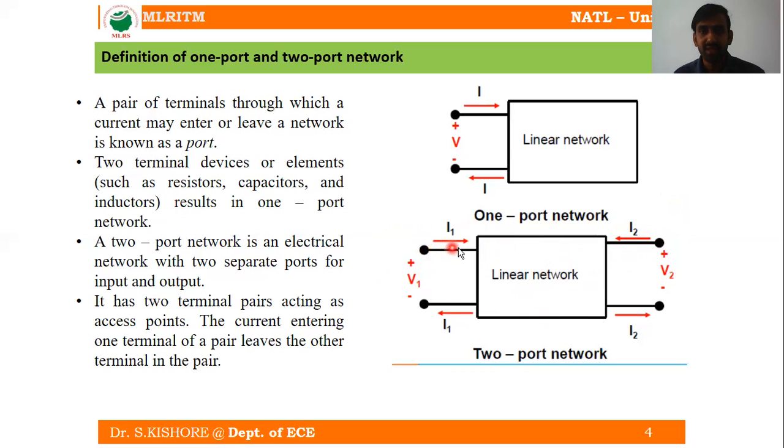Here I1 is entering through the top terminal of the left side port, and it leaves through the bottom terminal of the left side port. Whereas I2 enters through the top terminal of the right side port, that is the output side port, and leaves through the bottom terminal. So this is the general convention of a two-port network.